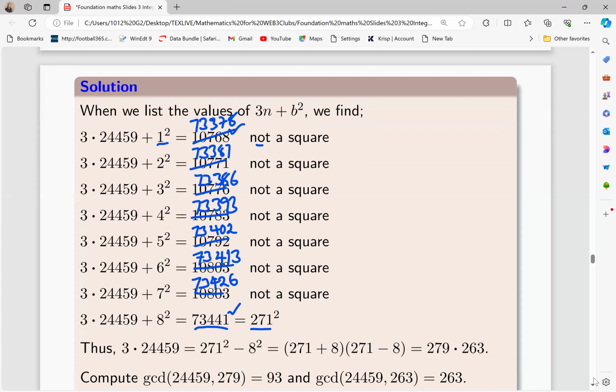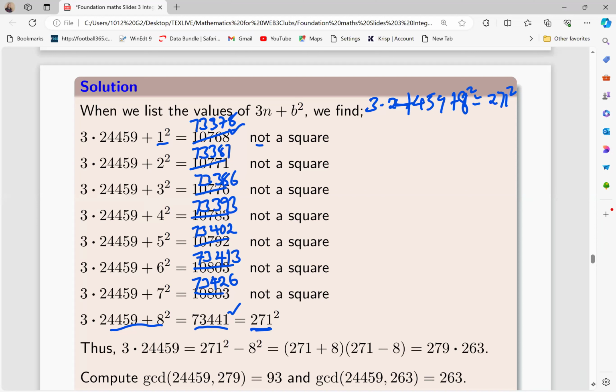So that means this part is equal to this part. In other words, I'm saying 3 multiplied by 24,459, plus 1 square, the same as 271 square. When you take this, not plus 1 square, it's plus 8. Plus 8 square gives us 271 square.